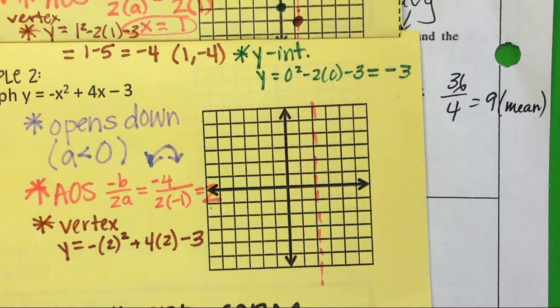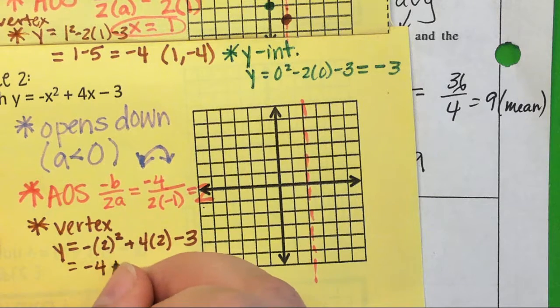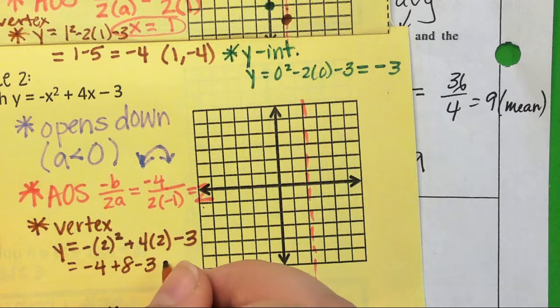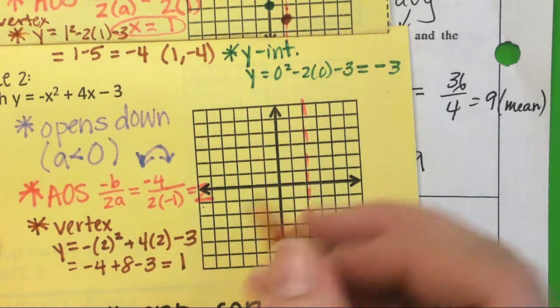You got negative 4 plus 8 minus 3. So it ends up being 8 minus 7, which is just 1. So my vertex should be at 2, 1.